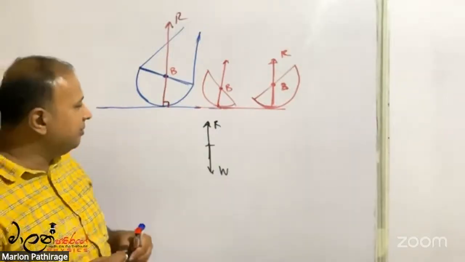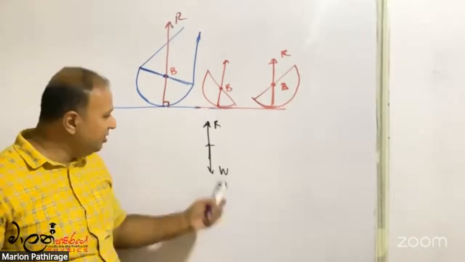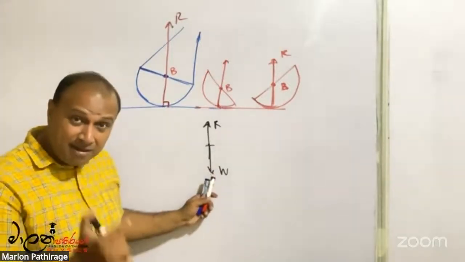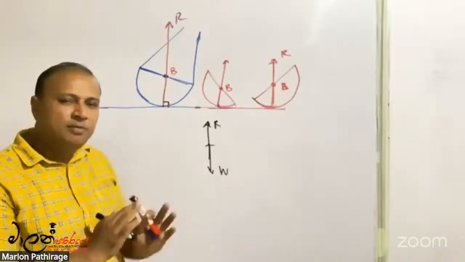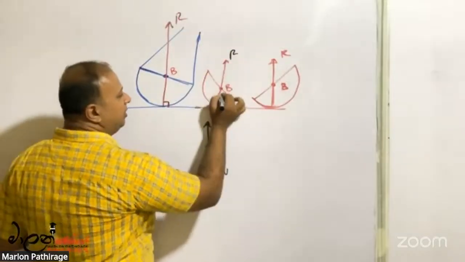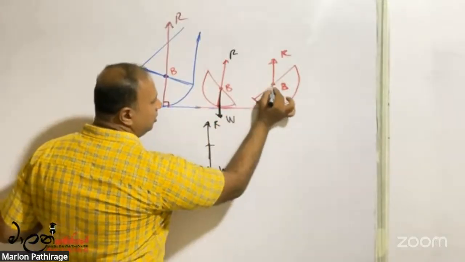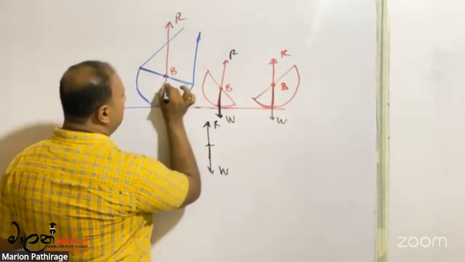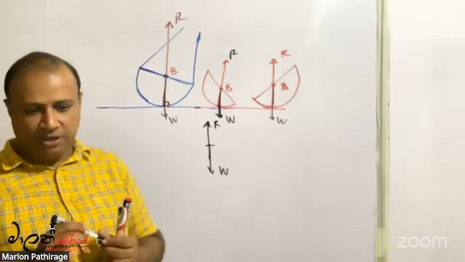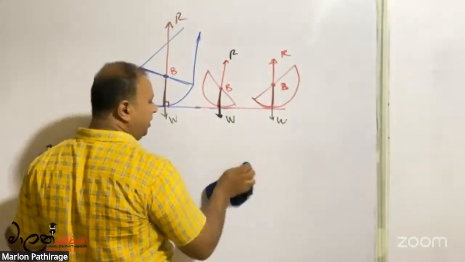That means at any condition, these two forces do not create any moment at any position, because at any position R and W are collinear.